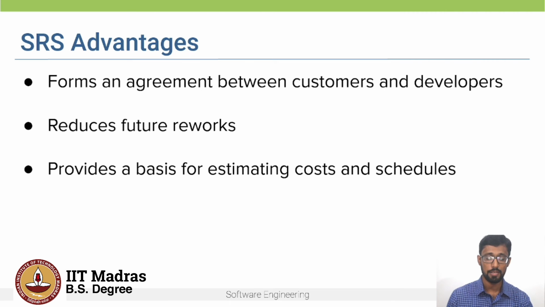And an SRS helps in estimating the size of the software, which is nothing but a function of all the requirements of the system. And based on this estimation, other estimations such as effort required and cost are estimated. And based on these estimates, the project manager can also create a schedule for the development of the software.